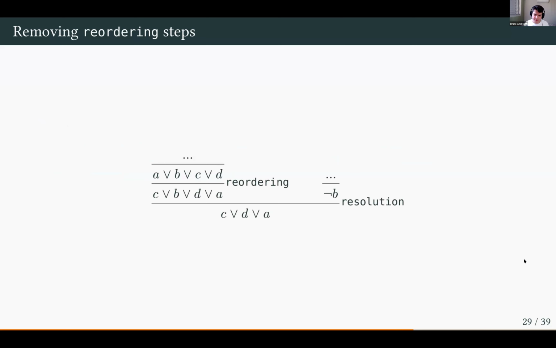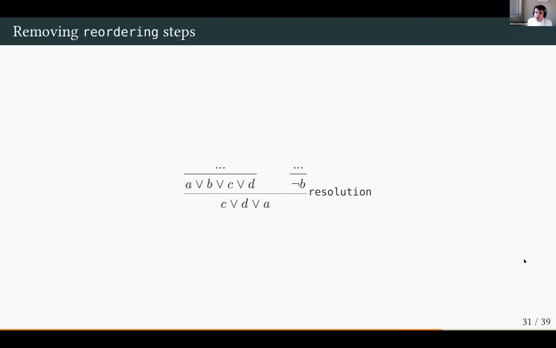So let's see an example here with the resolution rule. We have this resolution step that uses a reordering step as its premise. So what we want to do is destroy this reordering step, kill it, right? But if we do that, then the resolution step is kind of wrong because the order of the conclusion doesn't really match the order of the premises. So we would expect that the order of the conclusion of the step is A, C, D to match the order of the first premise.